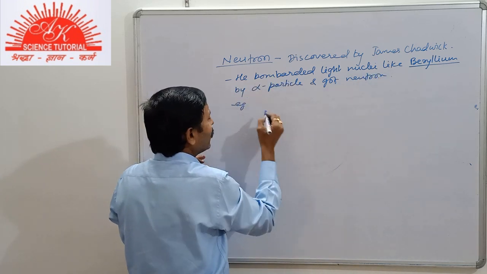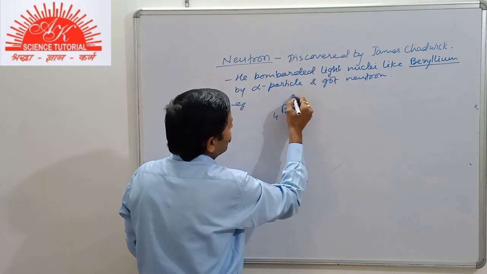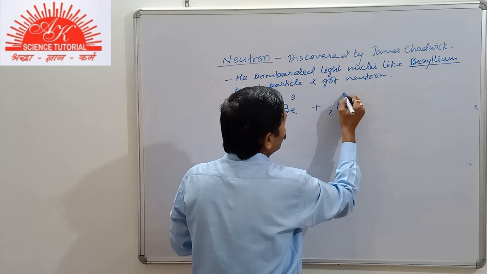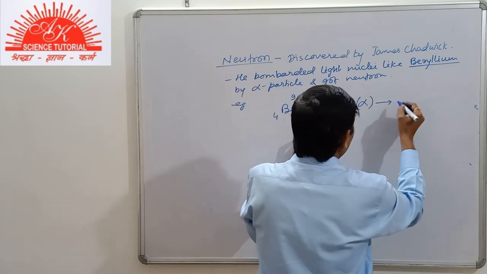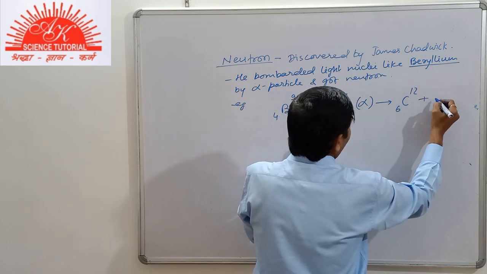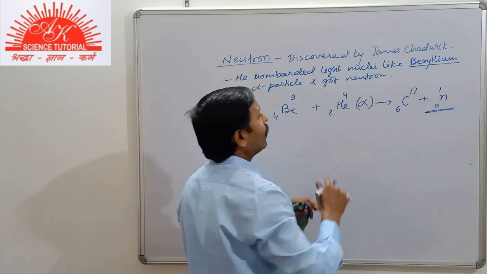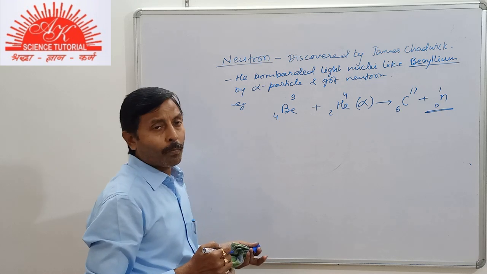For example, beryllium with atomic number 4, mass number 9, was bombarded by helium 2, 4, that is an alpha particle. Then it was observed that another atom was formed, and this particle was also formed, that is called a neutron. So this was the discovery of the neutron.